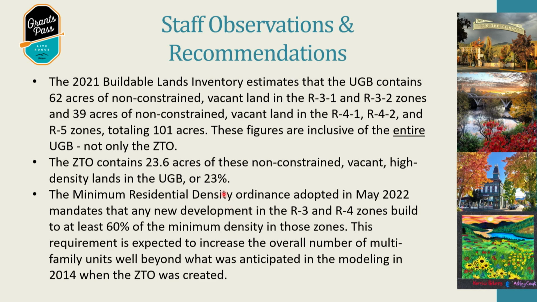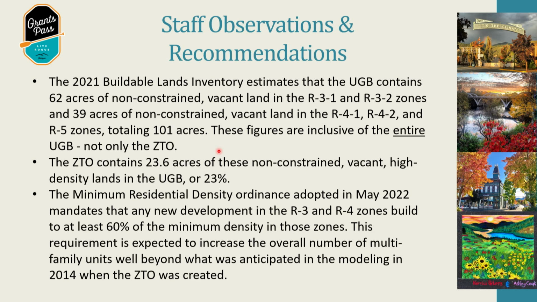The 2021 buildable lands inventory estimated that the urban growth boundary contains 62 acres of non-constrained, meaning no wetlands, no steep slopes, vacant land in the R31, R32 zones, and 39 in the R4, R42, and then the R5, totaling 101 acres. Again, those numbers are the entire urban growth boundary, not just the overlay.